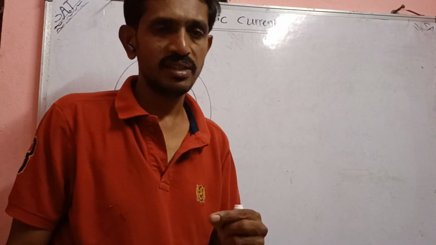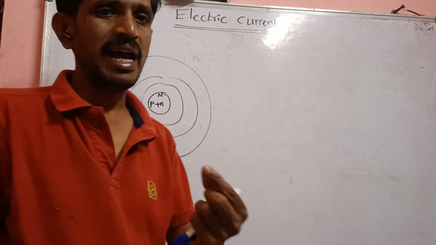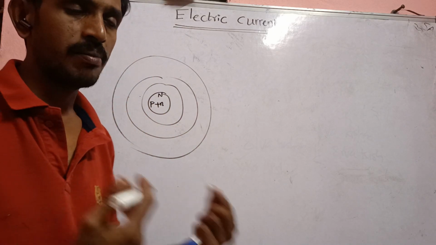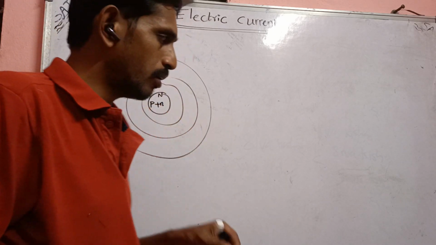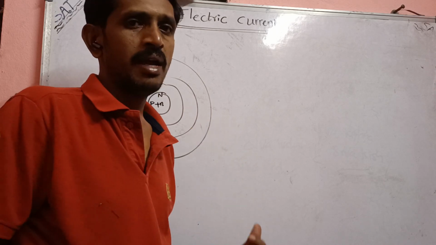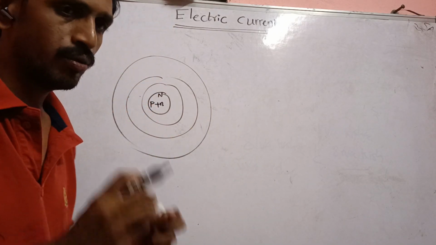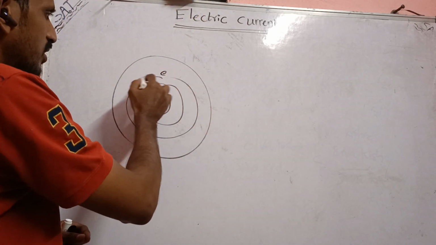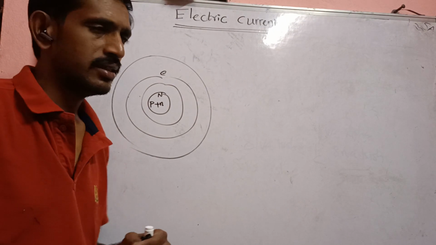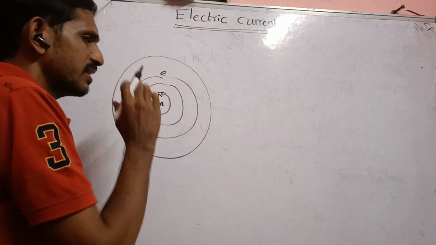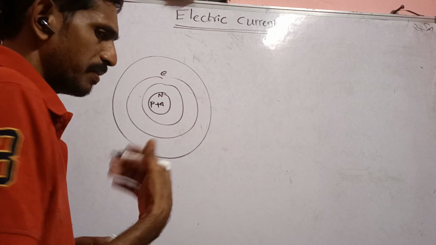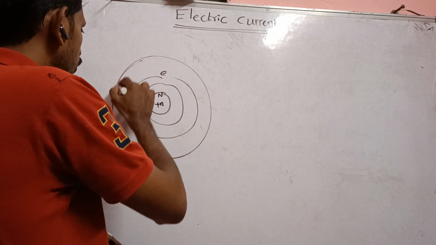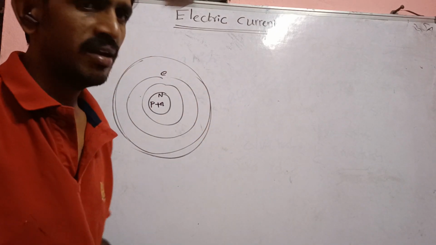If you study the atom, it consists of different types of orbits: s orbital, p orbital, d orbital. I'm not going to discuss everything about the atom because it is not a chemistry subject, but we are going to study about the charge. The electrons in the outermost shell are called free electrons.